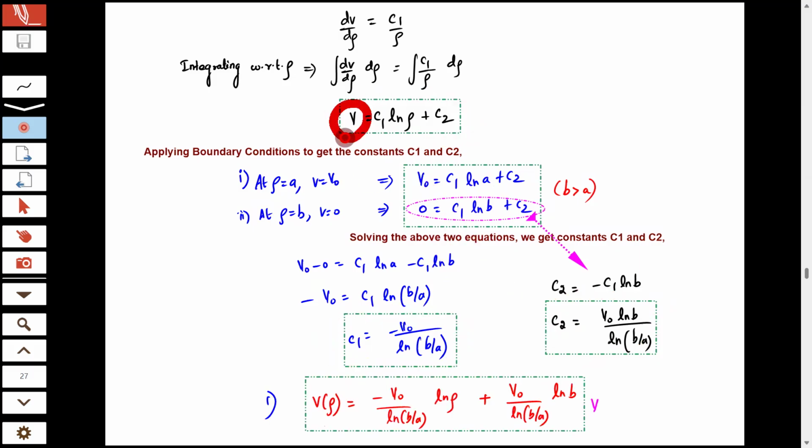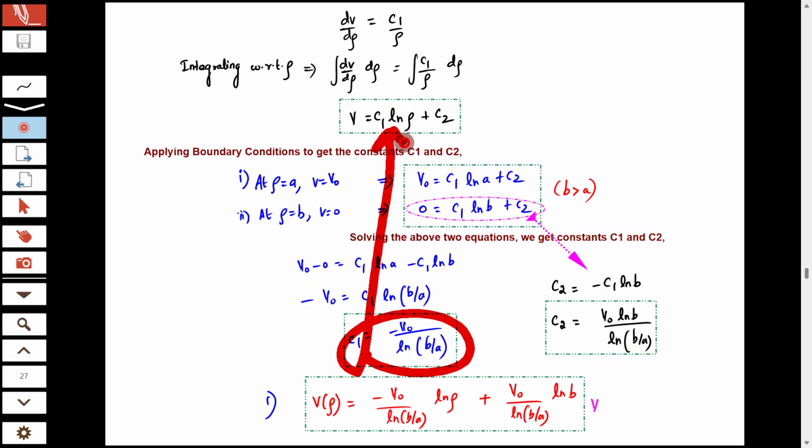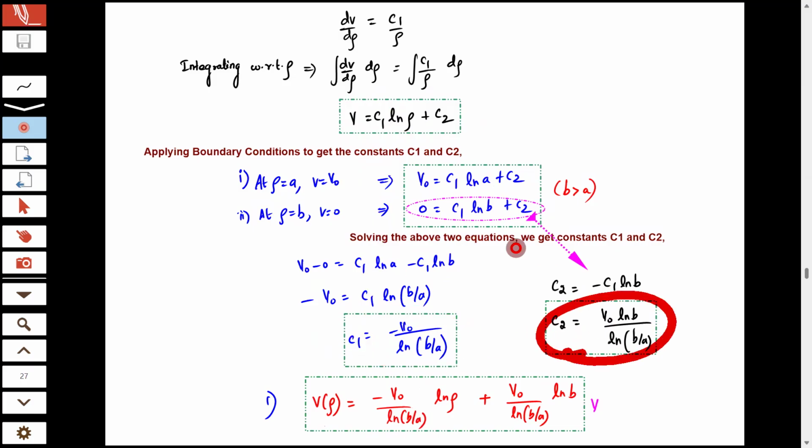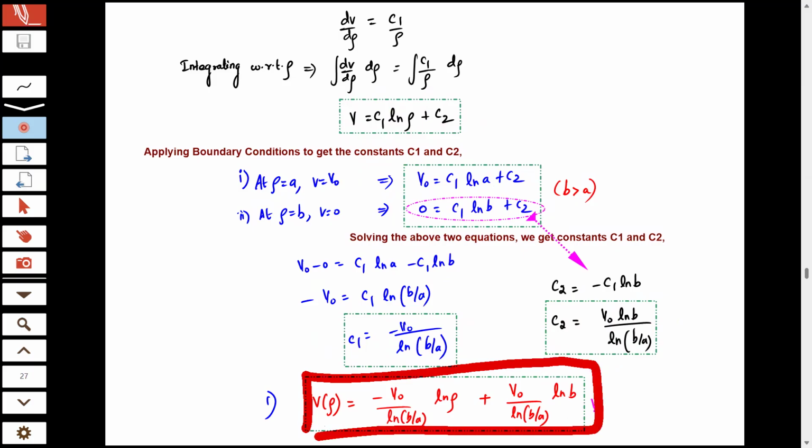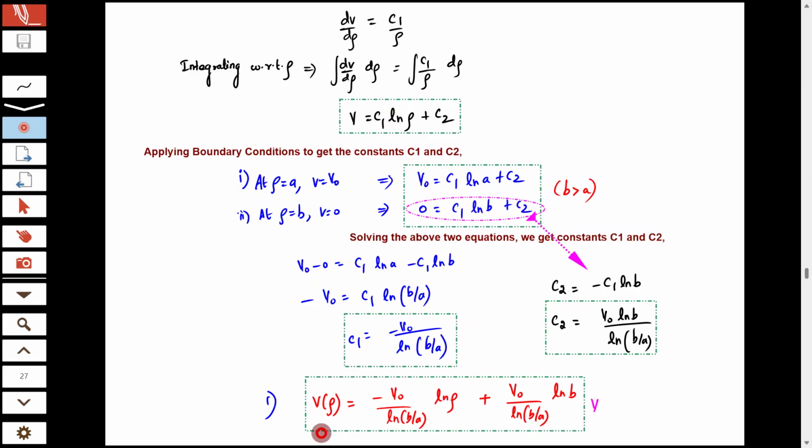So V of rho can be written as C1 multiplied with logarithm rho, plus C2. So we get V as a function of rho as given here by this expression.